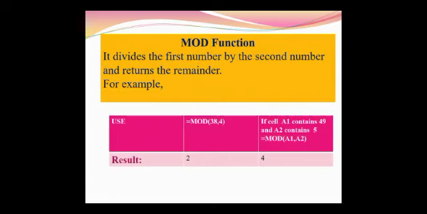So 38 will be divided by 4 and you will get the remainder in the result, that is 2. If cell A1 contains 49 and A2 contains 5, 49 will be divided by 5 and you will get 4 as the result if you use the formula =MOD(A1,A2).